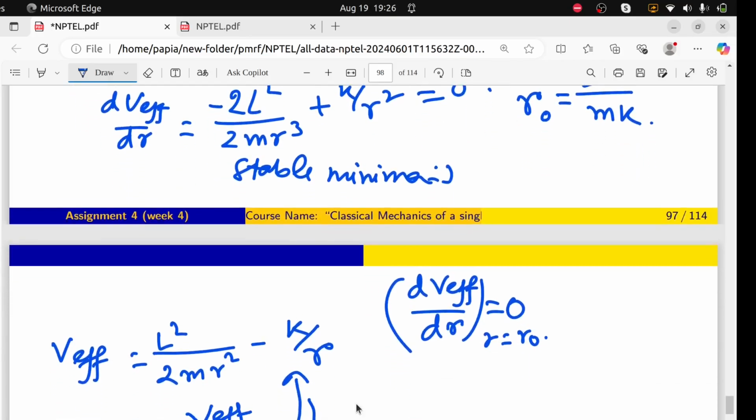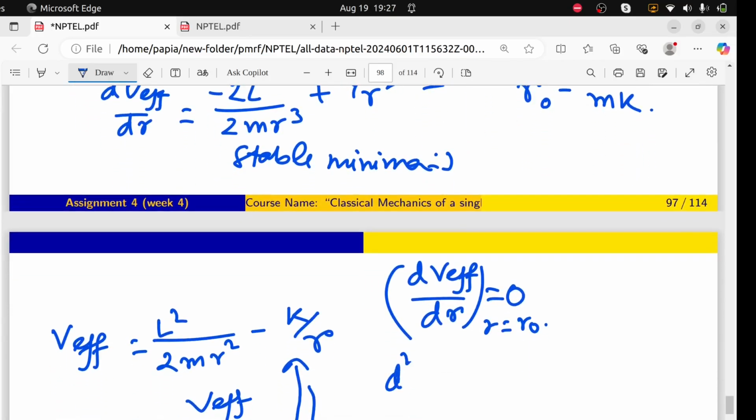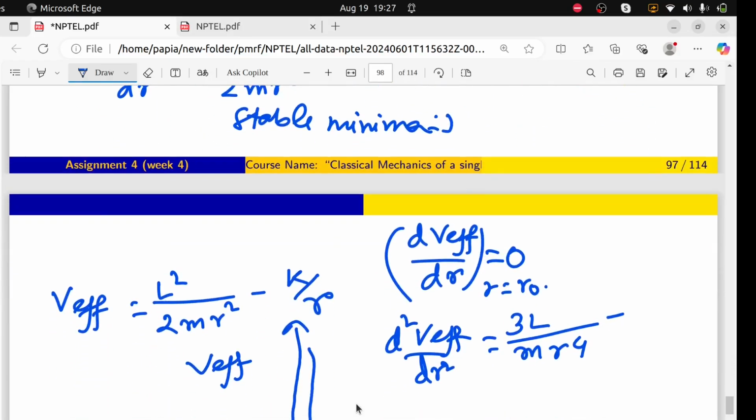We just do the double derivative here, d2V effective by dr2. It will give me 3L square by m r to the power 4 minus 2k by r cube.